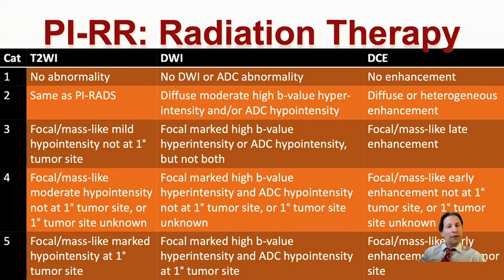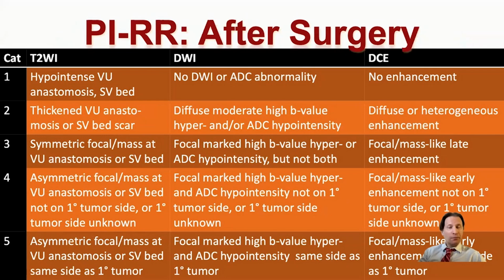And there are 5 different categories of suspicion, just like in PI-RADS, but it focuses primarily on whether or not the abnormality is on the site of the original tumor. So either the same site in radiation therapy or the same site for surgery, as we see here.